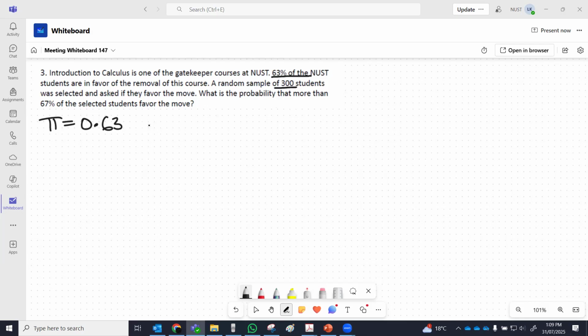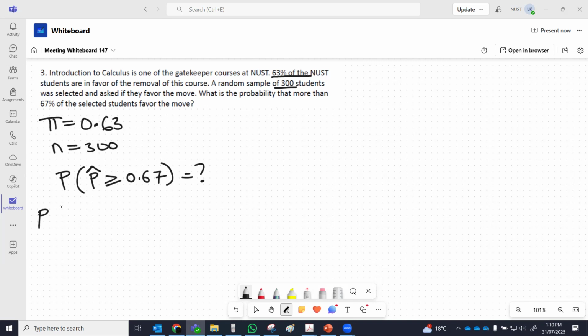And then this 300 here, this represents our n is equal to 300. Then we want the probability that p hat is greater than or equal to 67%, which is 0.67. So this is the probability that we are looking for. Then what we do is we are going to standardize.